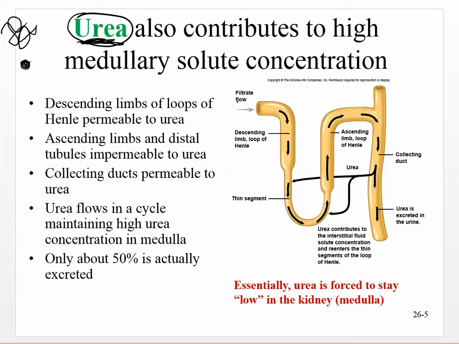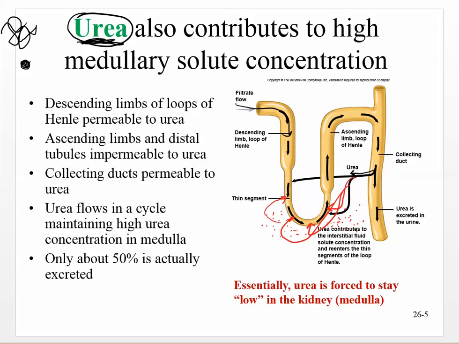Well, when filtration happens, it ends up in the filtrate too, and it moves through. But there's kind of a trick with urea, and what urea tends to do is it moves out of the collecting duct, and then will be reabsorbed in the loop of Henle. But it kind of keeps it low down in the medulla, mostly because of the concentration that's in there. But by doing that, the urea will add to, so remember, the idea here is that we want a high concentration deep in the medulla.